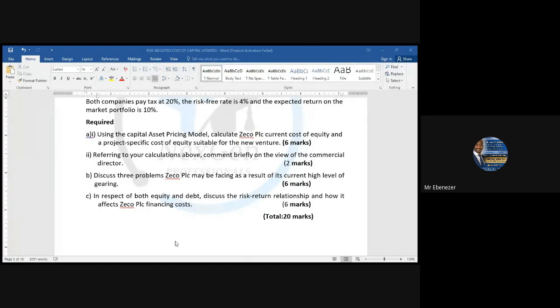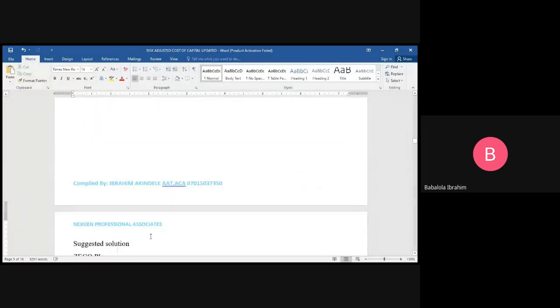The A part, the first and second parts, is talking about the new venture. That means the new venture will only be financed by equity, so the source of finance for that new venture is equity. That is the reason why we didn't need the WACC, because the WACC includes both equity and debt. Do you get? Yes, I do.